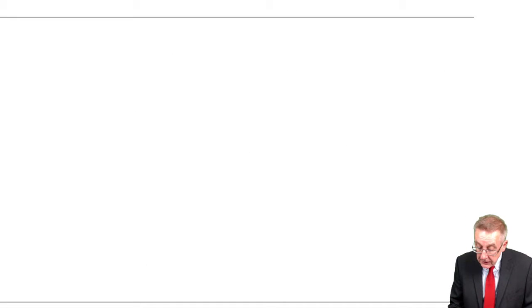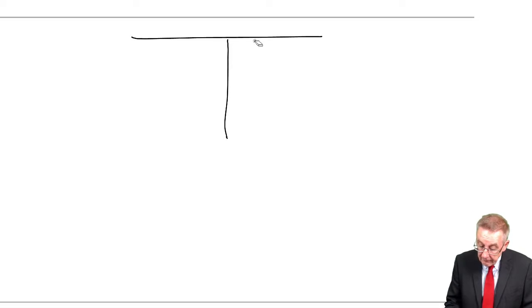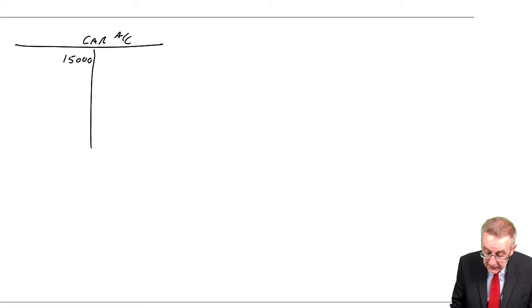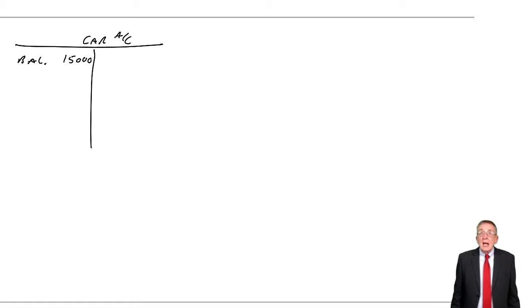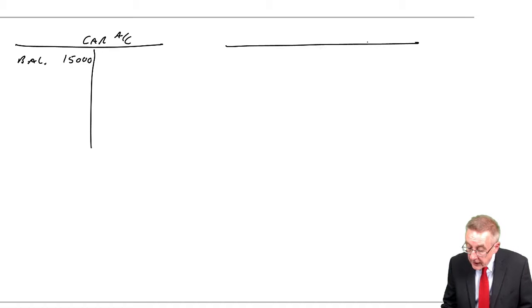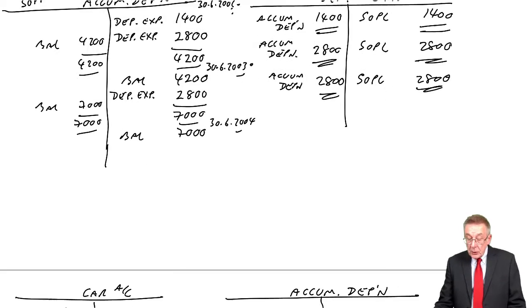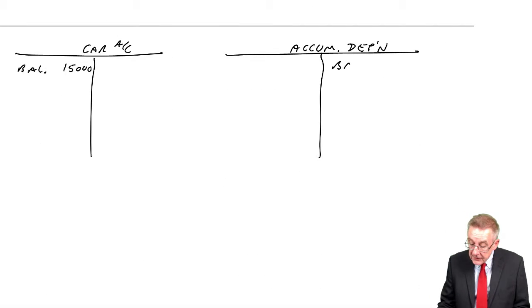We did have a car account. And the balance on the car account was the original cost of 15,000. And we'd left that there, remember. We didn't touch the cost. We left the cost there all the time. We also, though, had an accumulated depreciation account. And at the end of the 3 years, we'd come to a total of 7,000. So we'd a balance of 7,000.